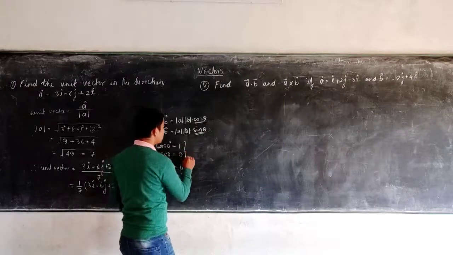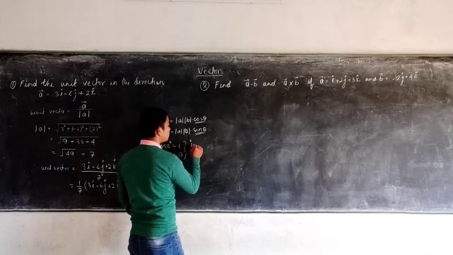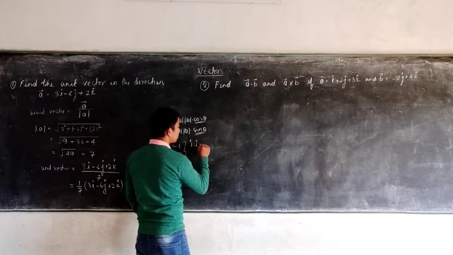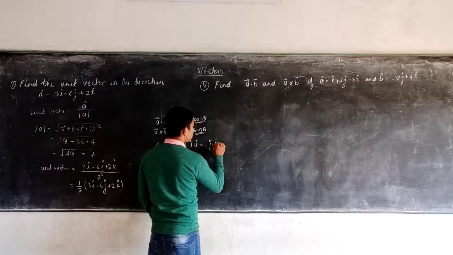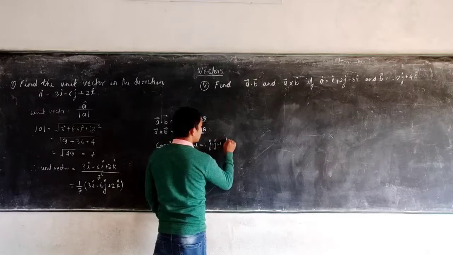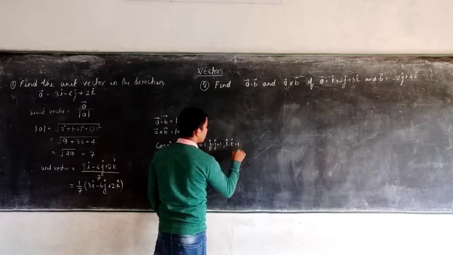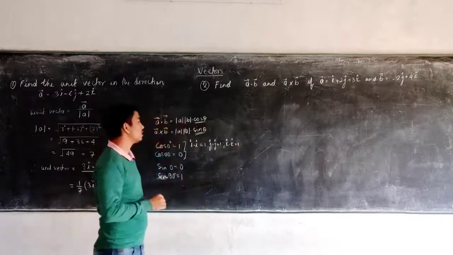So if I multiply i dot i, it will give me 1. Similarly, j cap dot j cap gives me 1, and k cap dot k cap will give me 1. And for the rest, it all gives me 0.